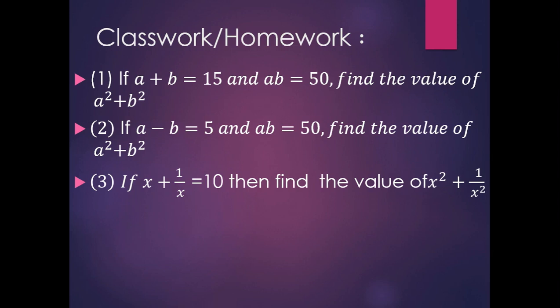correct or not. So the answer to this first question: a plus b equal to 15, ab equals 50 is given here. So it will be a plus b whole square, that will be 15 whole square, that will be 225, minus 2ab, that is 100, that will be 125.